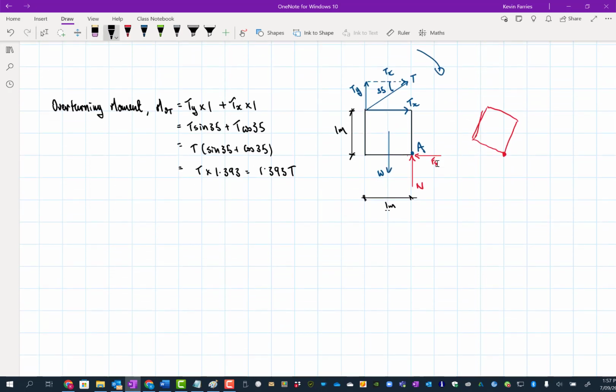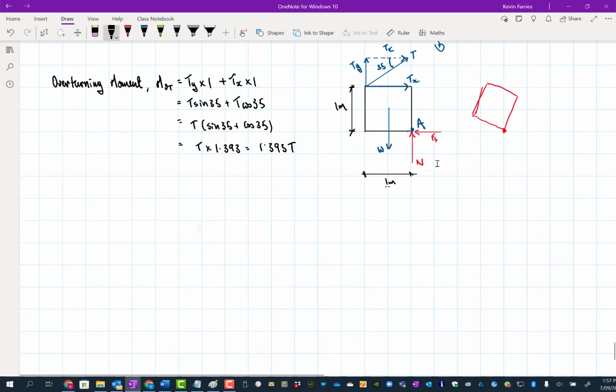Okay, so what have we done? We just figured out which forces are going to cause overturning, what their lever arms are. In this case, super simple because the lever arms are both 1. And then we've just put in these as components. It's similar to what we were doing before. We are trying to get it down to a single variable so that you can solve the equation.